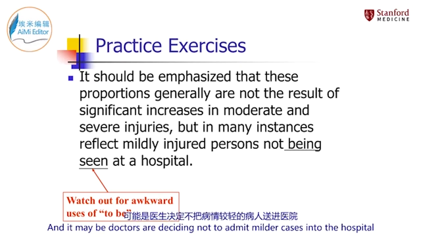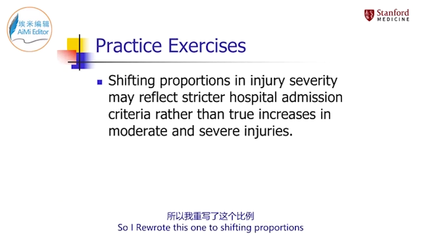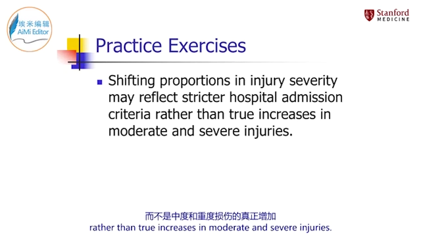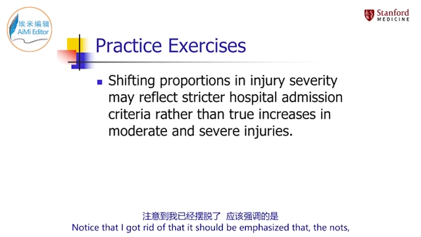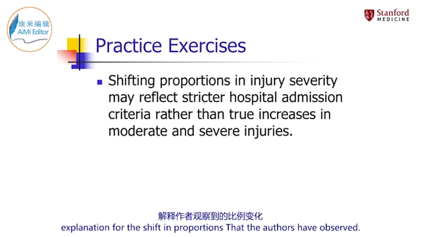Maybe doctors are deciding not to admit milder cases into the hospital to save money. So I rewrote this one to shifting proportions in injury severity may reflect stricter hospital admission criteria rather than true increases in moderate and severe injuries. Notice I got rid of the it should be emphasized that, the nots, the awkward phrasing, and I boiled it down to the main point, the possible explanation for the shift in proportions that the authors have observed.